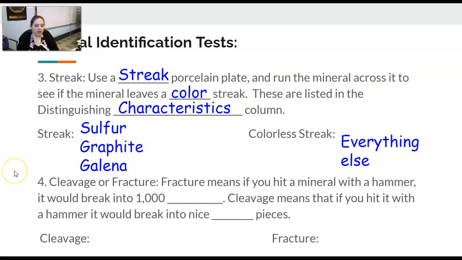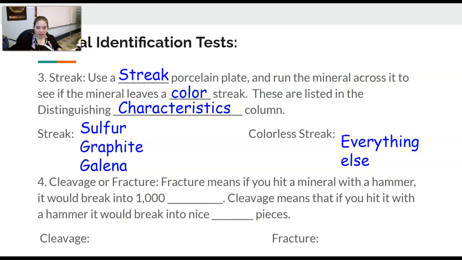Then number 4, you've got the cleavage and fracture, which again, you can find in your reference table. It is just this line that has a check on either side. And another note, something you could underline or highlight is in the distinguishing characteristics. It'll tell you if it's a cleavage, what type of cleavage it is. So, what is fracture?